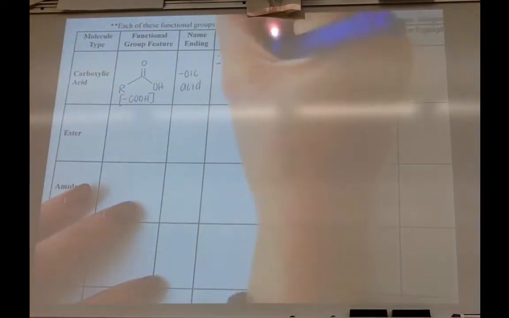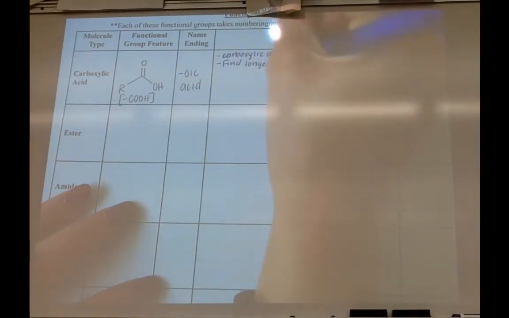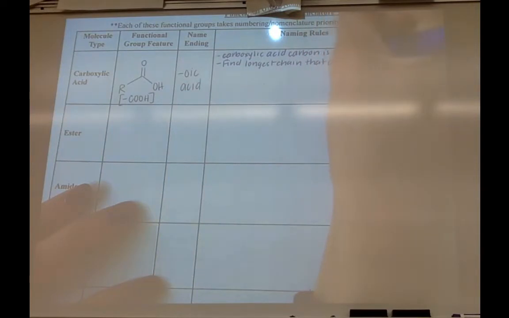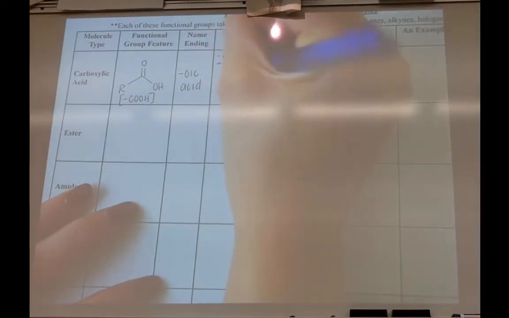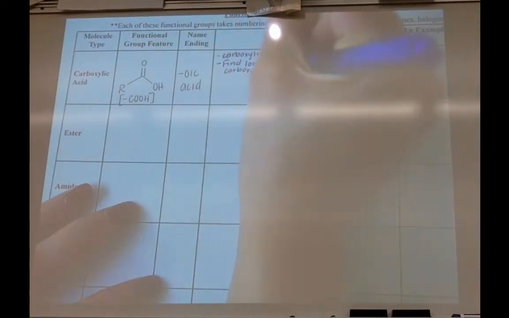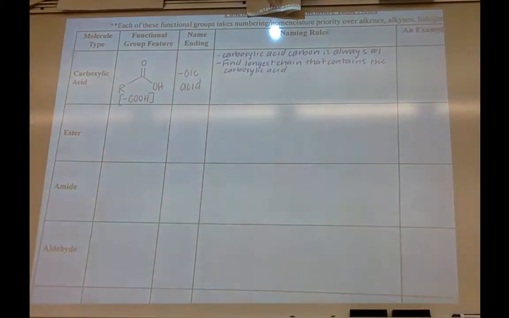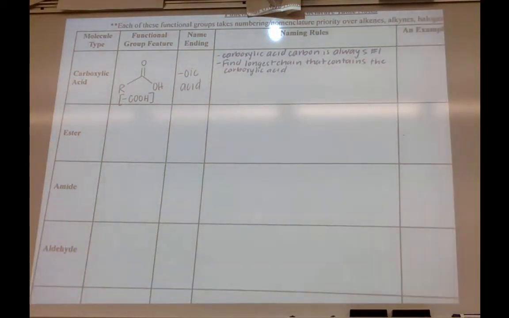So then we find the longest chain that contains the carboxylic acid. So start by numbering your carboxylic acid carbon number 1. Then you find the longest chain containing the carboxylic acid. So the longest chain has to contain that COOH.